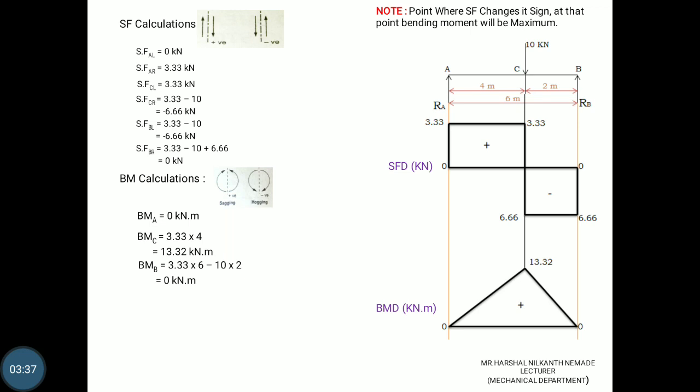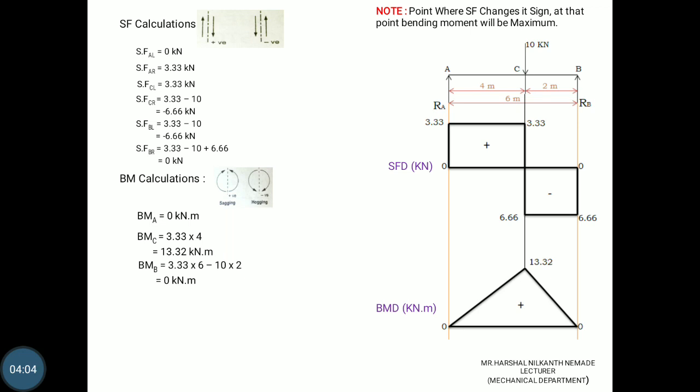SF at BL is the same value, minus 6.66 kilonewton. SF at BR: I will get three forces, two upward and one downward. First upward force 3.33, minus 10 downward force, plus 6.66. I will solve and get 0 kilonewton.